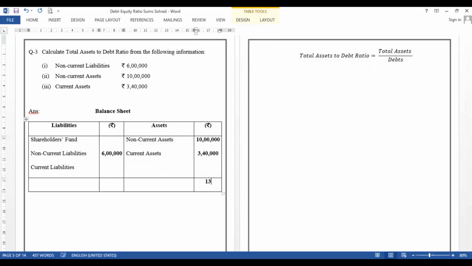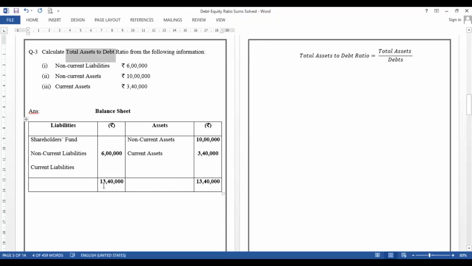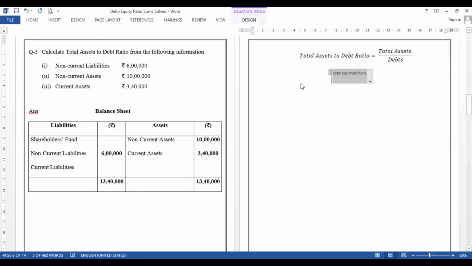So the total comes to 13,40,000. Now the total of assets will be equal to the total of liabilities. So 13,40,000. And what we actually need is the total assets to debt ratio. So we just need the total of the assets and the total of the non-current liabilities. Now both the totals are there with us. Let us apply the formula over here. Let me write how I have calculated total assets.